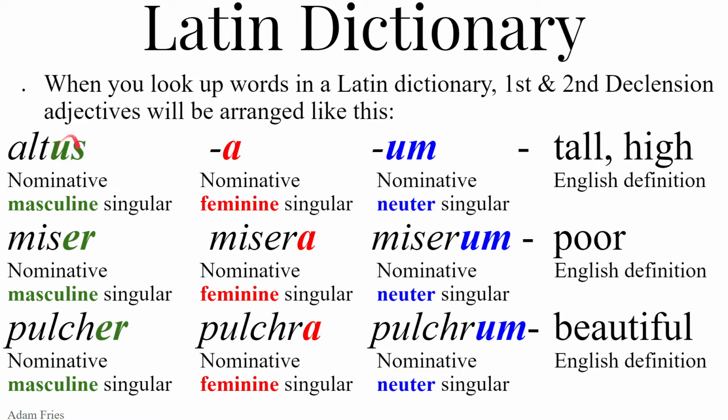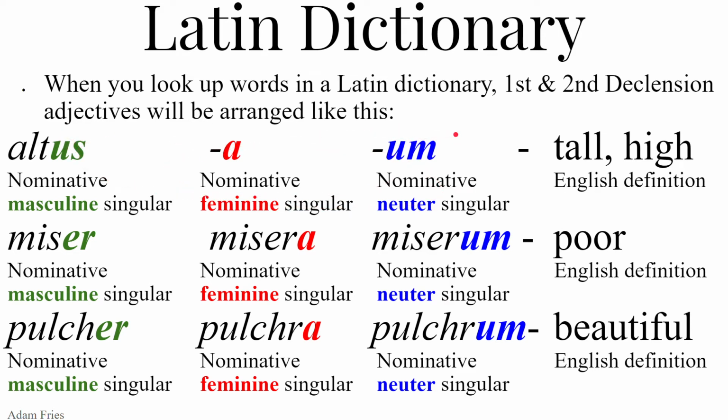Hopefully that looks familiar to you. And then a, that's the nominative feminine singular. A, hopefully that looks familiar to you, as well as the nominative neuter singular form. And then, of course, the English definition. We'll go back to these later. So let's just focus on these forms.